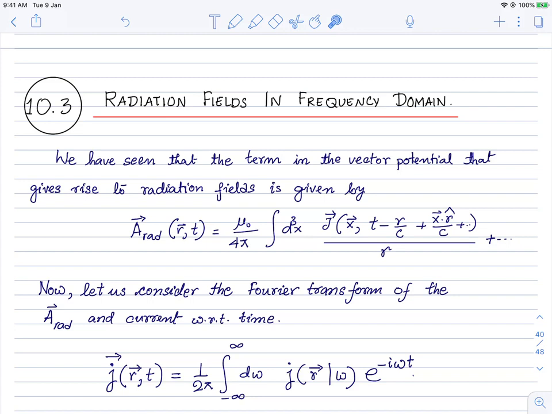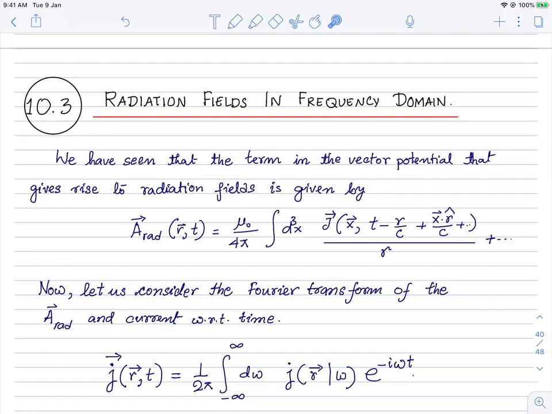When many frequencies are present, the function of time can be very complicated and not harmonic, but you can always Fourier decompose it into harmonic functions.